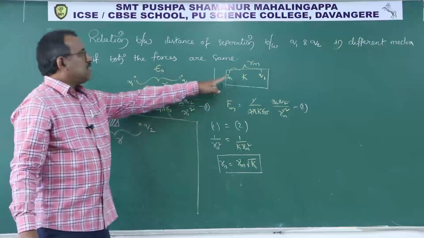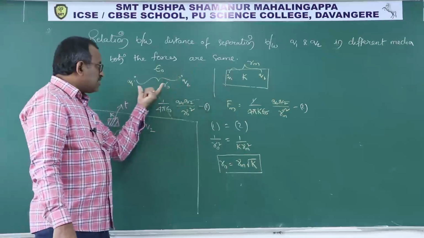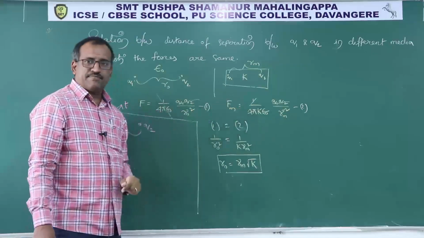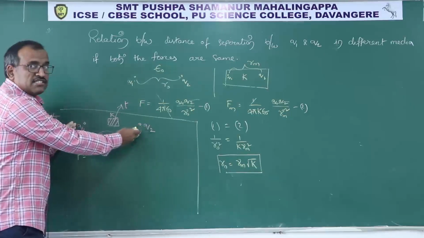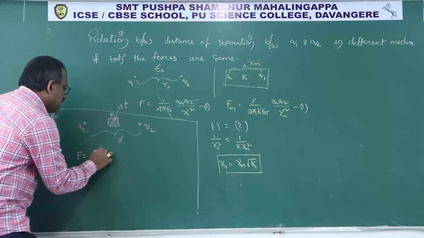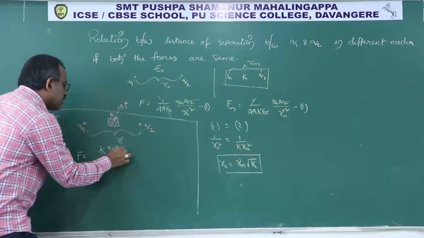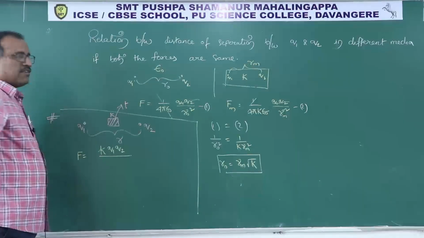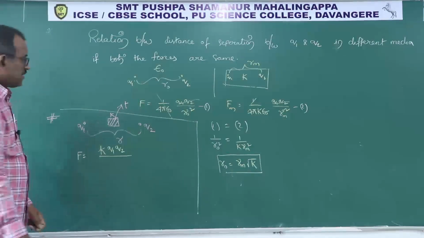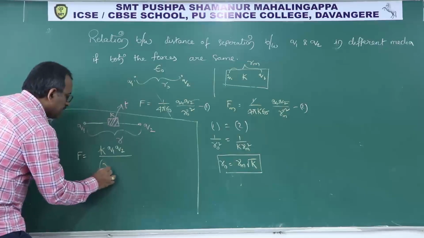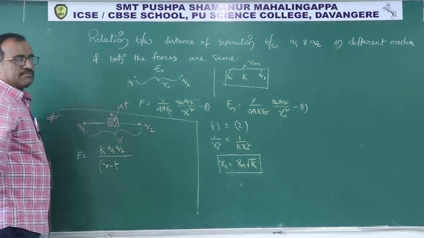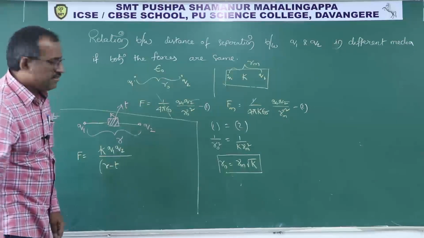Even though you keep or remove, forces are same. If I remove, total will be air distance. So let me write K Q1 Q2 by, what is air distance, tell me? Here to here, what was that? R minus T. Am I clear?